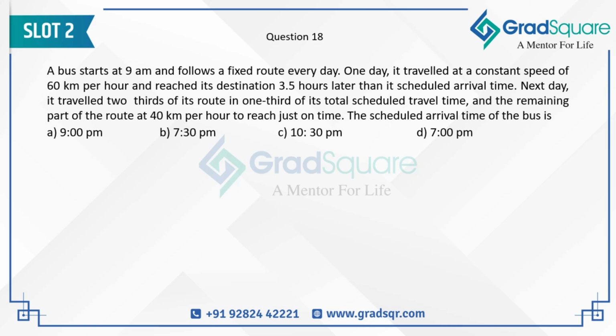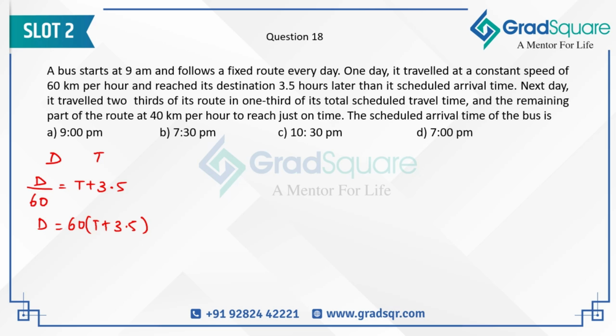Now let me take the total distance as d and the scheduled travel time as t. Now if this distance is covered at a speed of 60 km per hour, it takes 3.5 hours more than the scheduled time. That means your distance is nothing but 60 times (t plus 3.5).